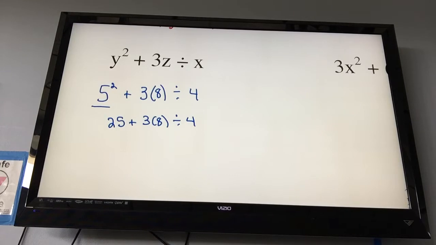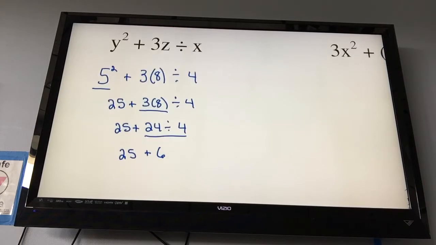So if I'm reading this left to right, this comes next. We still got some multiplication or division left to right. So 24 divided by 4 comes next. And that's 6. And then lastly, my addition, 25 plus 6, 31.